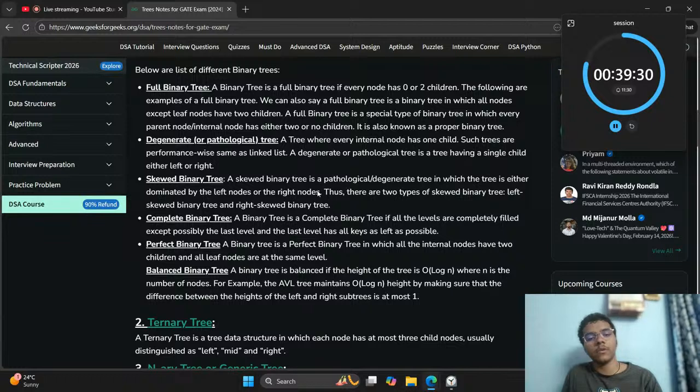It is also known as a proper binary tree. A degenerate or pathological tree is a tree where every internal node has one child. Such a tree is performance-wise the same as a linked list. A degenerate or pathological tree is a tree having a single child.